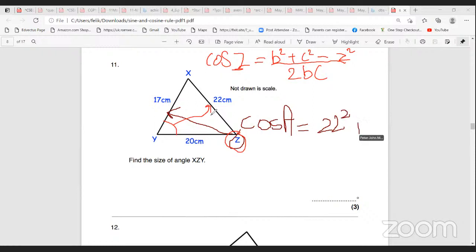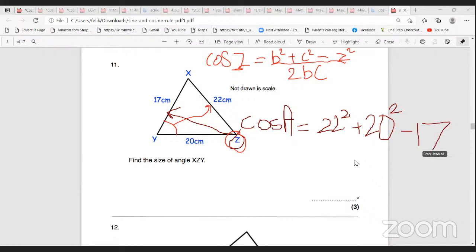And now x will be 20 square. Is it plus? No, it's minus 17 square.